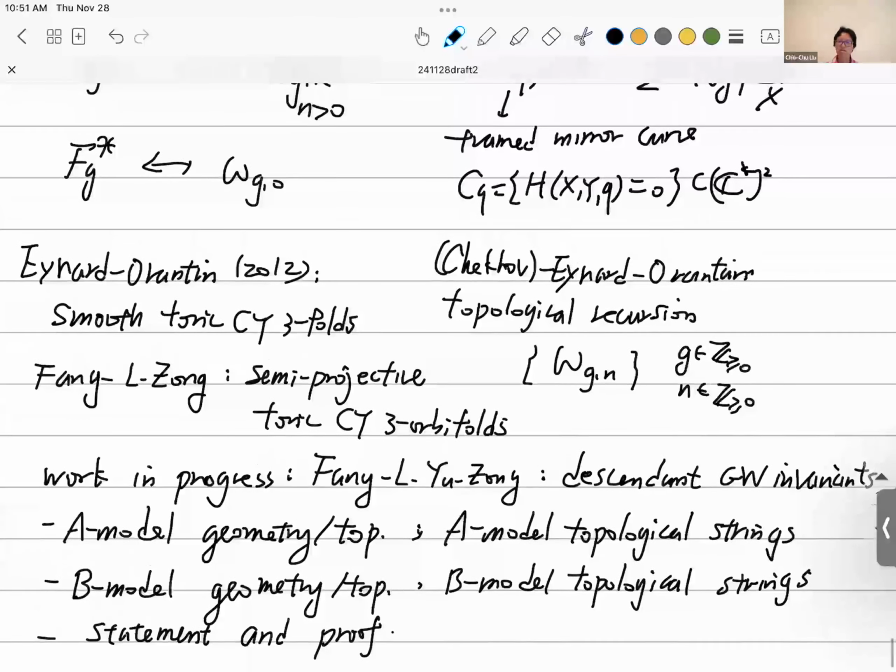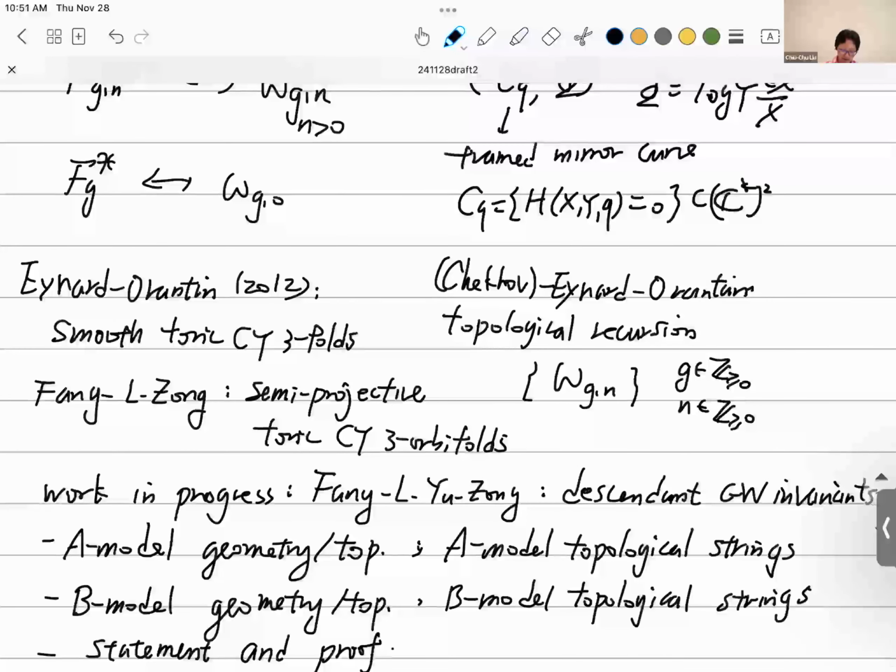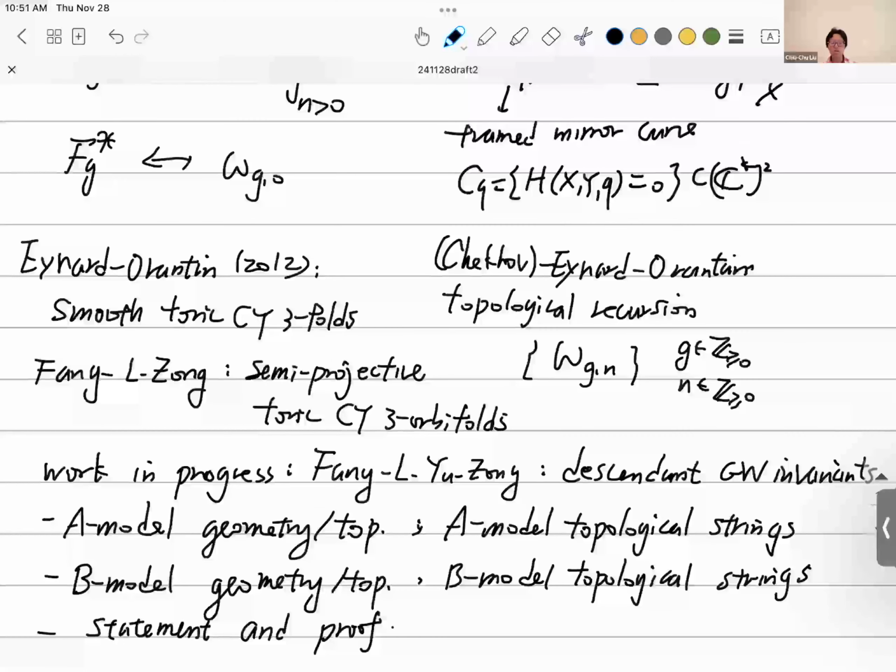Also, as Daniel requested, I will say more about the DT and PT invariants and the relation between DT and PT next time.